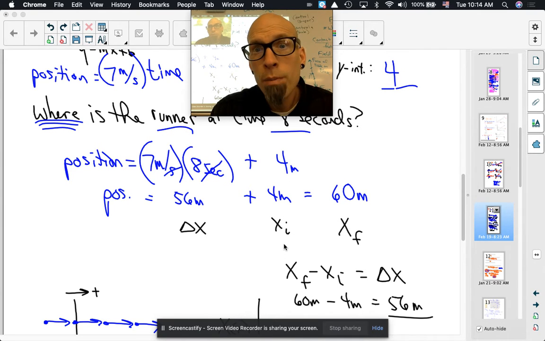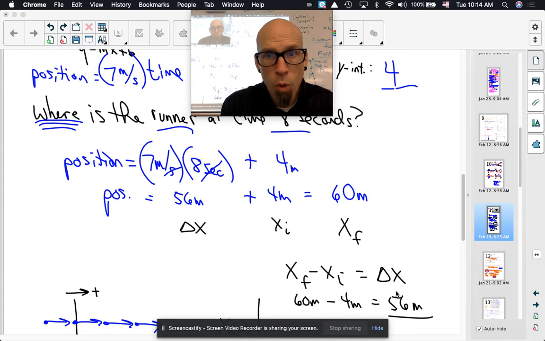So if you were at 4 meters at the start and you ended at 60 meters, then the final minus the initial tells you that you went 56 meters, because you started at 4 and ended at 60. The difference there is your delta x, or change in position.